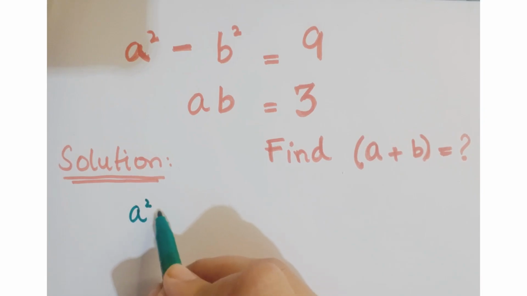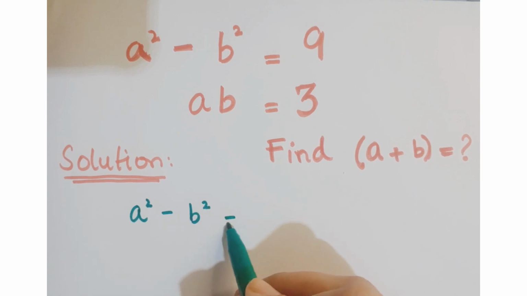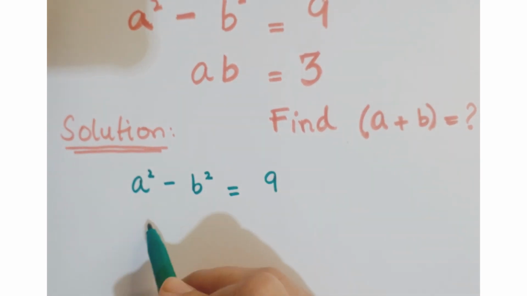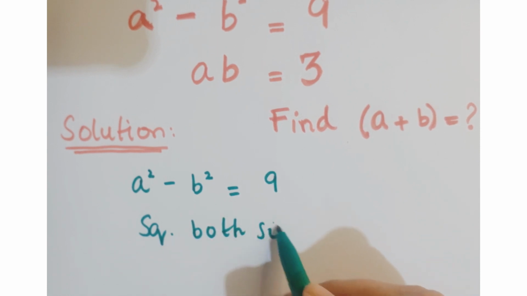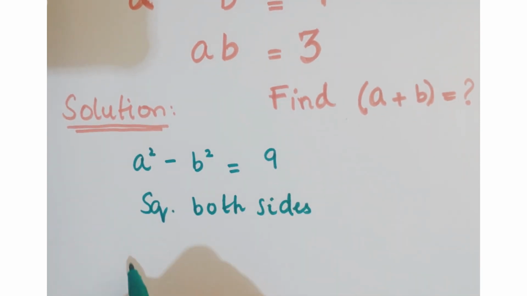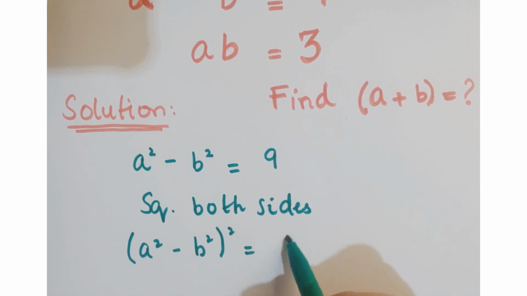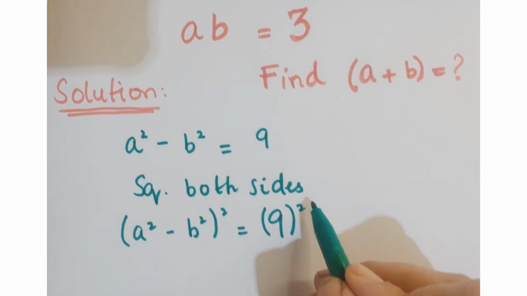Since we are given that a square minus b square is equal to 9, just apply squaring on both sides. So you get (a square minus b square) whole square is equal to 9 square.